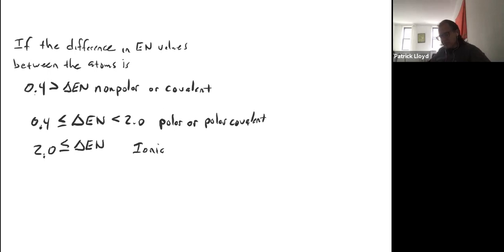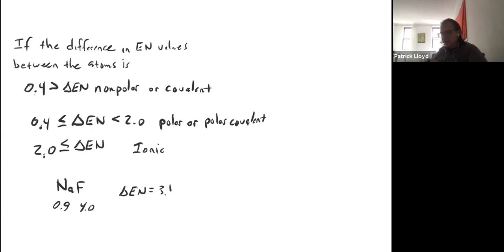So for example, if I have sodium fluoride, you can see that's a metal with a nonmetal. We've always said that that's an ionic compound. Well, it actually works out in terms of the electronegativity in our chart here, because sodium is 0.9 and fluorine is 4.0. So the difference in electronegativity is 3.1.